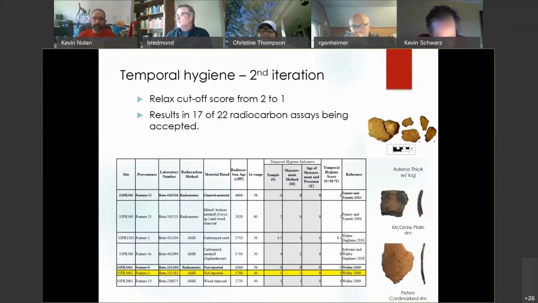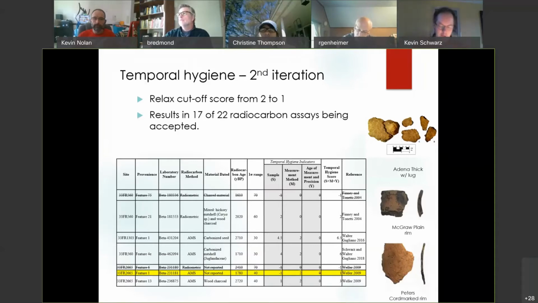Thank you. I relaxed the cutoff score from 2 to 1, and that resulted in 17 of 22 radiocarbon dates being accepted into the analysis. And at that point, I was just rejecting conventional dates with problems of materials. Since this is essentially all CRM-derived studies, the material I was finding, and Kevin mentioned this in his paper of the original temporal hygiene analysis, is people aren't reporting what the material is.